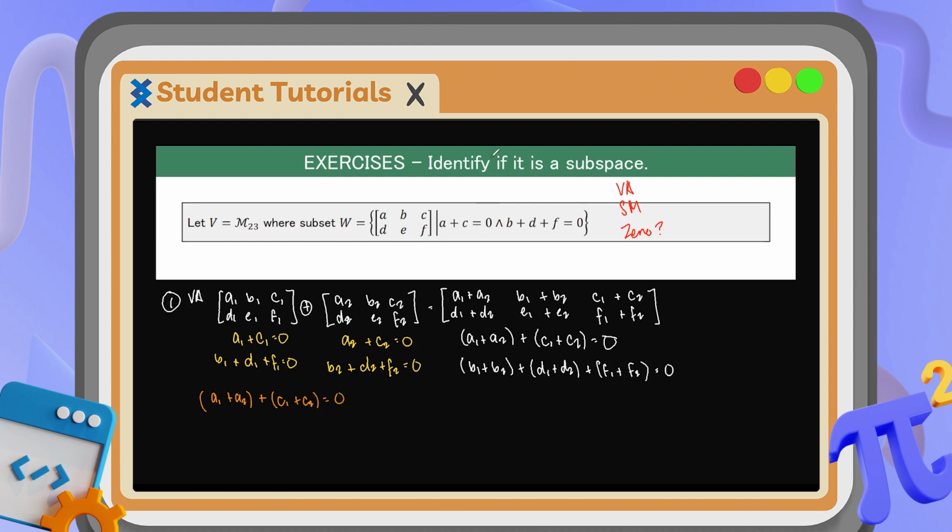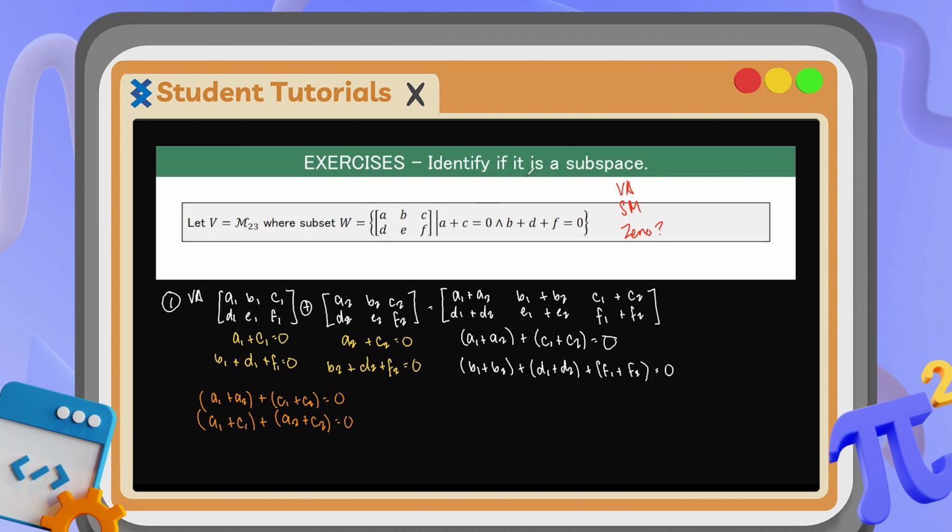We can actually rearrange the terms accordingly and give us a sub 1. So we'll group those that are coming from the same matrix. So a sub 2 and c sub 2. We can group these together because, again, it's commutative.